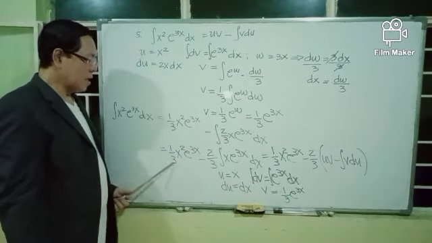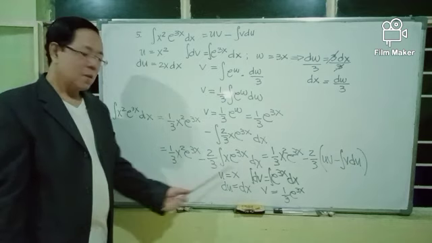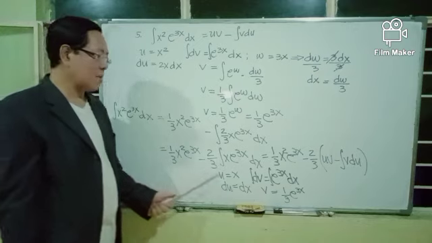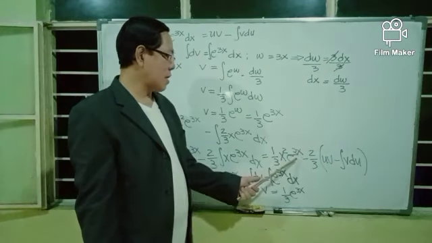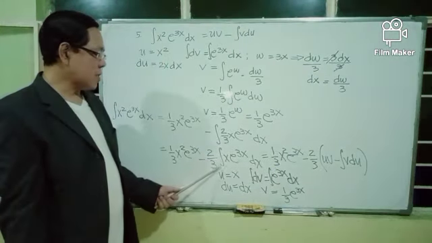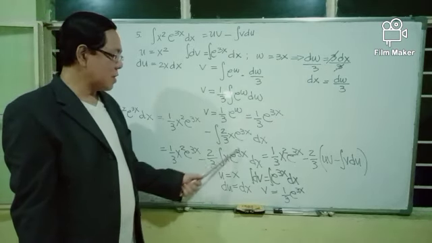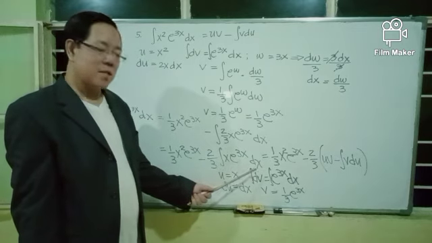Again, this expression is 1/3 x squared e to the 3x minus 2/3, and we integrate x times e to the 3x dx by parts.